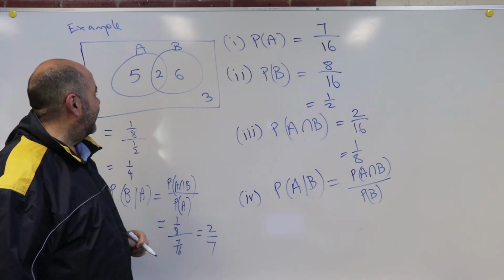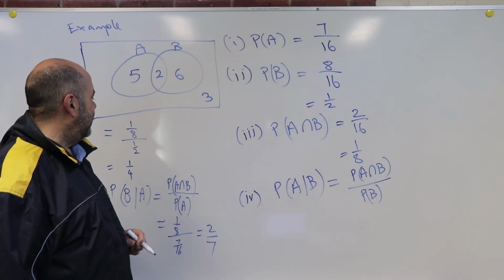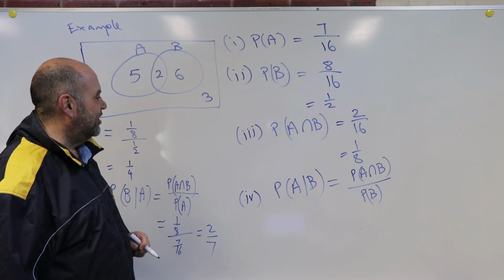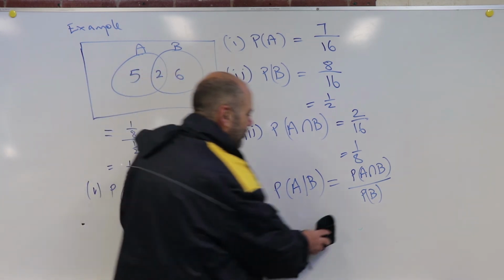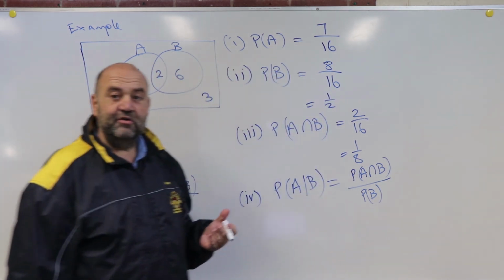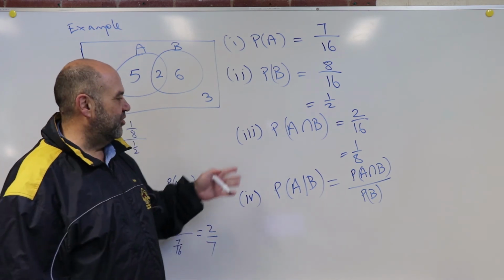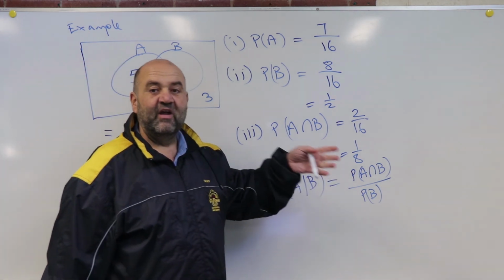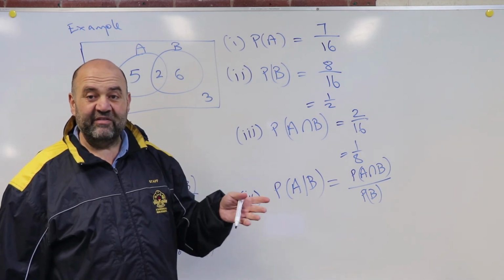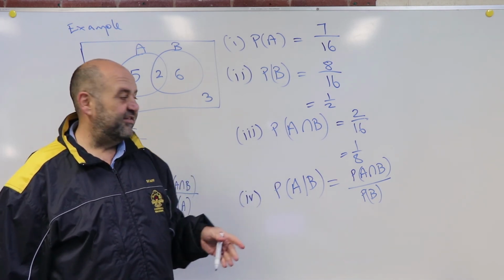Okay, let us have a look at how these things actually play out using the other version of the formula. Not the version that uses probabilities, but the version that uses numbers, the number of elements in the set.